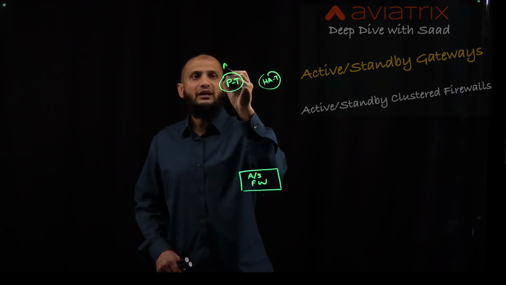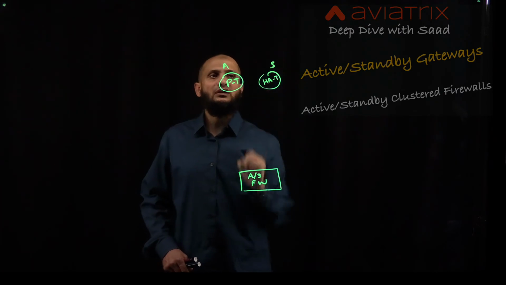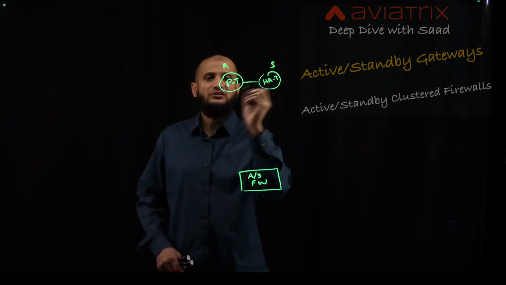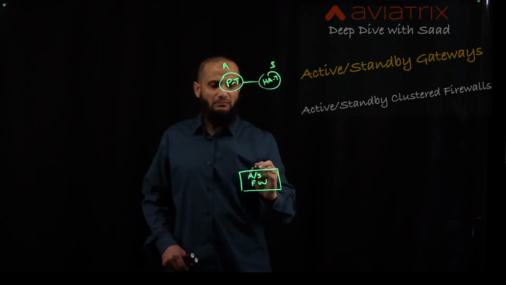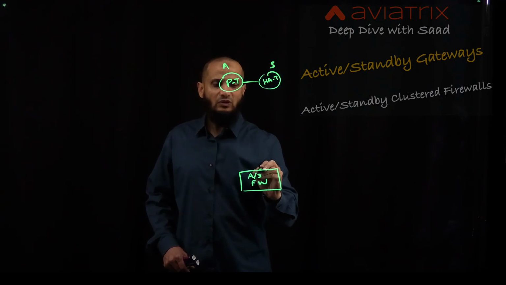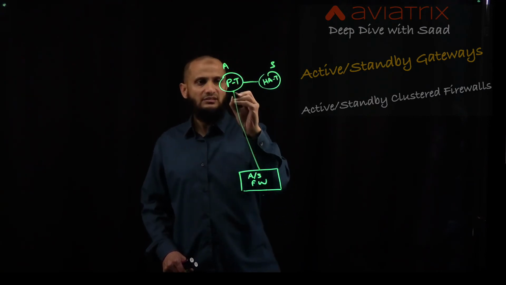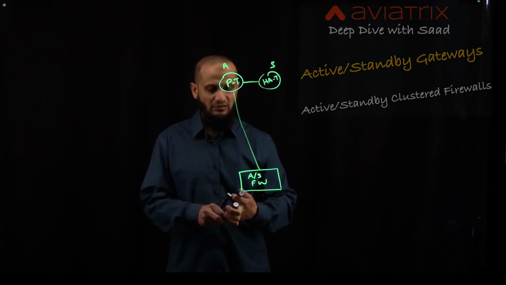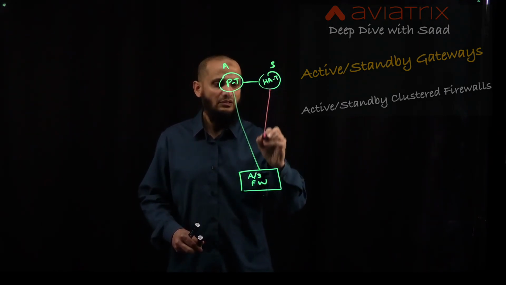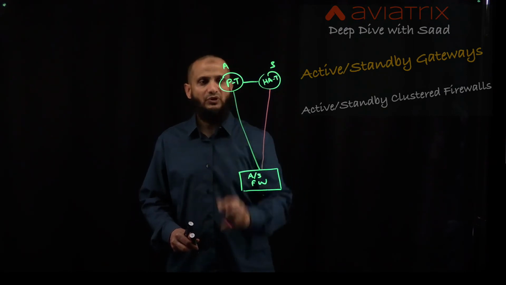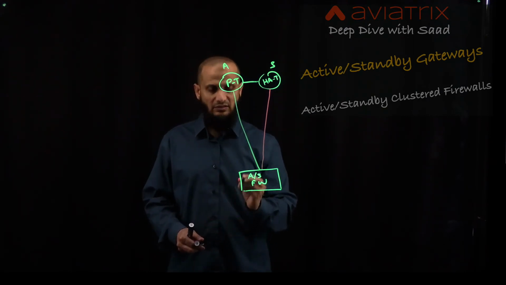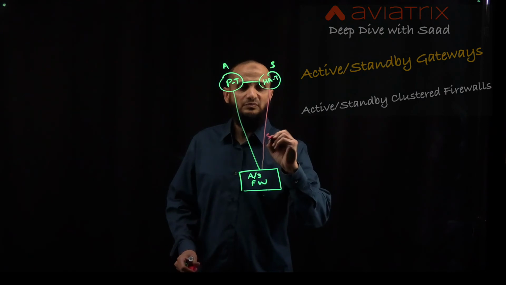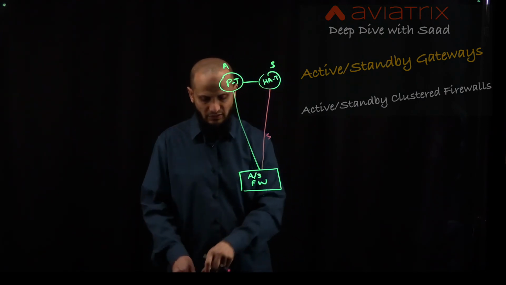Primary is your active, HA is your standby. There is a connection between them. From the active standby firewalls, the connection is something like this. Towards the primary, it's an active link, and this becomes your standby link.